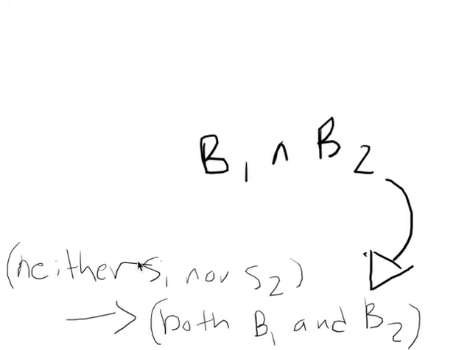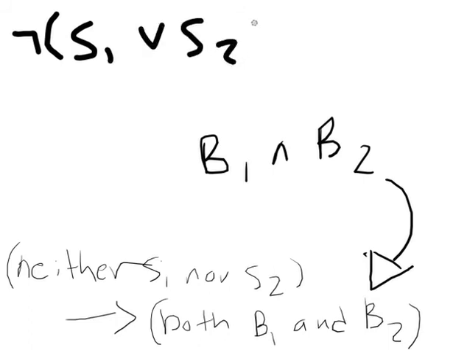Now, with neither S1 nor S2, you can think of that as if it's saying not either S1 or S2, which can be translated as not (S1 or S2).